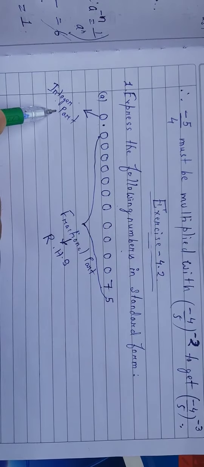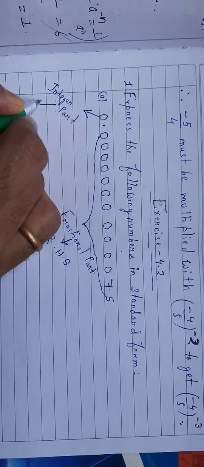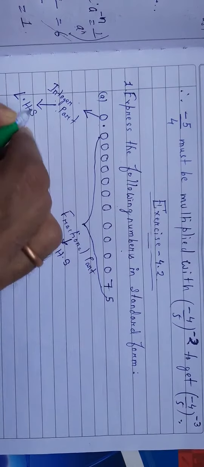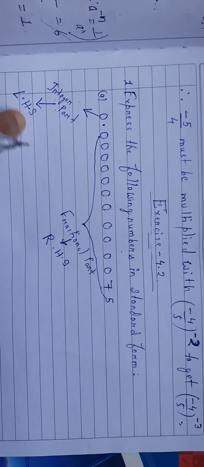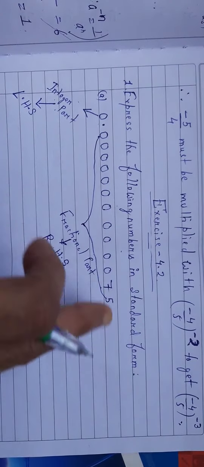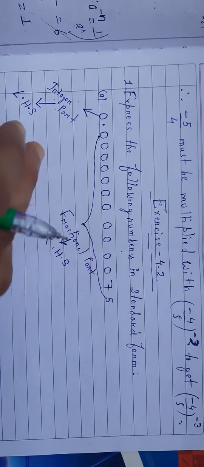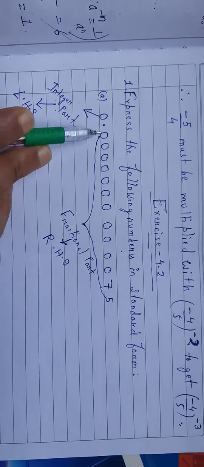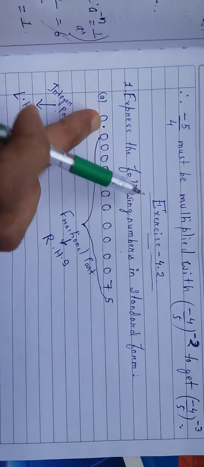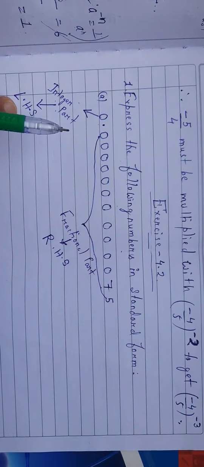This integer part can be called the left hand side, which in short form we write LHS of the decimal part. So we have divided this number into two parts. In simple way, I can say this is right hand side, this one left hand side.